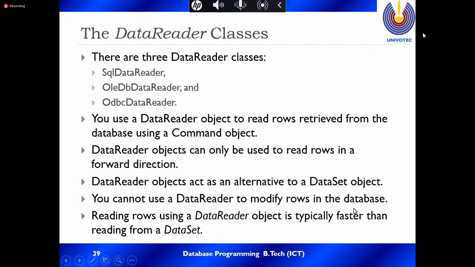It is fast. But if you use the data set, you can read the data and write the data also, but it is slow compared to the data reader. The data set is also one of the objects. This is the generic object.